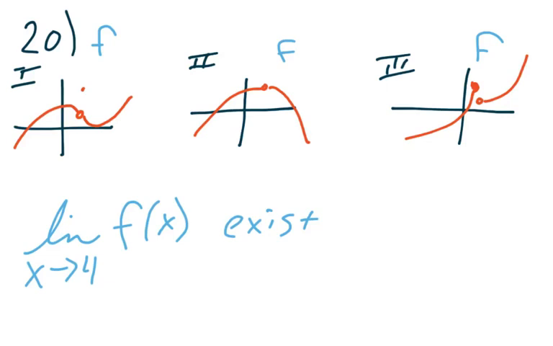If I have a jump discontinuity, like in choice 3, this limit automatically does not exist because as I approach from the left and as I approach from the right, we're ending up with two different y values.